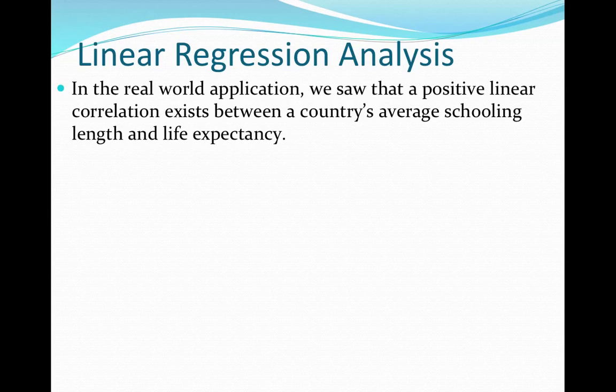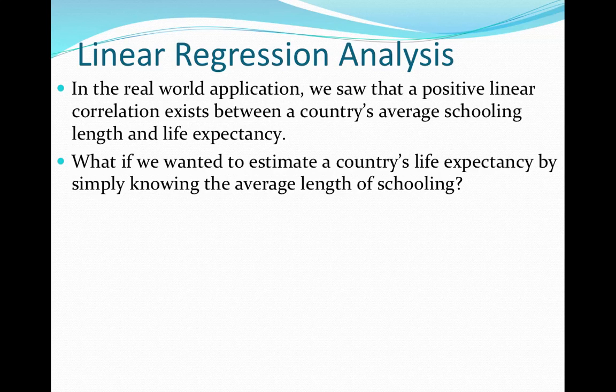Okay, linear regression analysis. In the real-world application, which is what we put into our calculators at the end of the last lecture, that was the number of years of schooling and the life expectancy for a set of about 12 sample countries. We saw that a positive linear correlation exists between a country's average length of schooling and life expectancy.